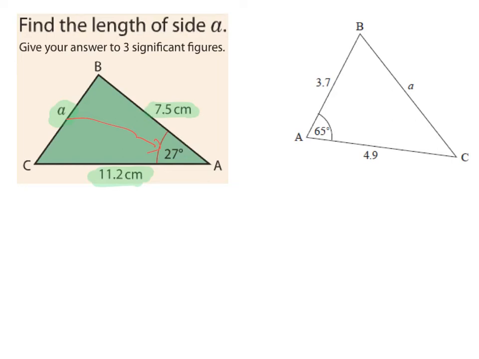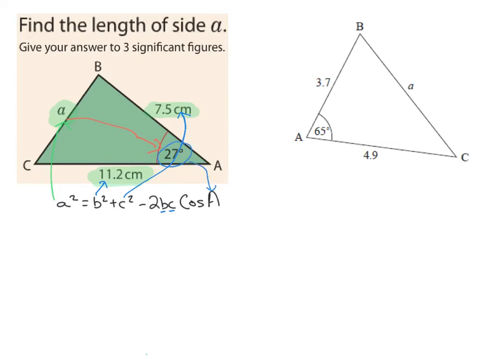If I write down the cosine rule, which is a squared is equal to b squared plus c squared minus 2bc cos a, you can see that I have a here, which is what I'm looking for, and then b and c are the 2 sides next to it. So b can be 11.2, c can be 7.5 centimeters, and then cos of a, which is the angle opposite that side I'm looking for, so a here is 27 degrees.